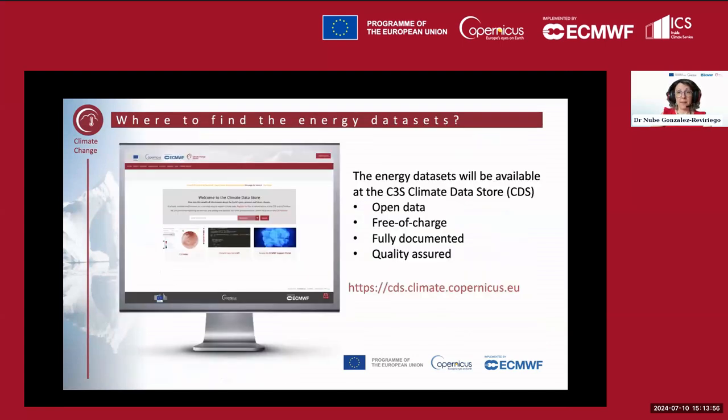And all the datasets that we are providing in this second phase of the operational service for the energy sector will be stored at the Copernicus Climate Data Store. And this data will be fully open, independently of the downstream application that you would like to make from it. It will be free of charge and fully documented and quality assured.